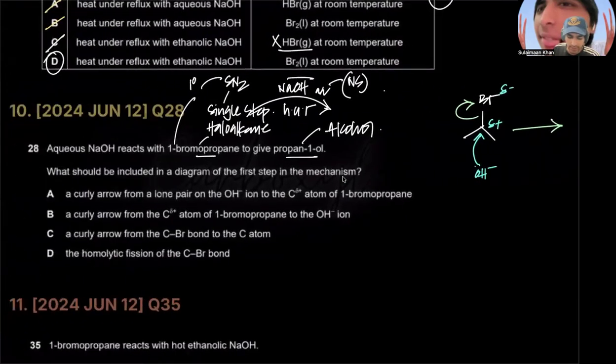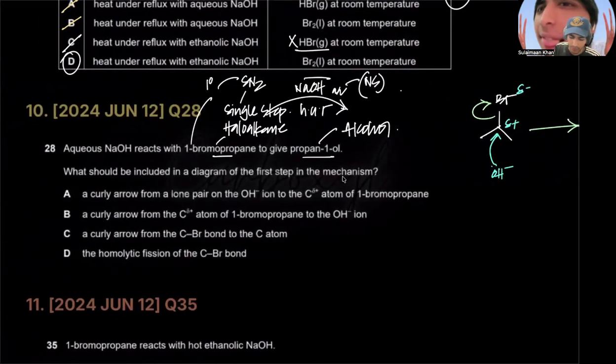So it says a curly arrow from the lone pair on the OH goes to the partial positive carbon on the 1-bromopropane. Yes, absolutely, this is what happens. Curly arrows represent the movement of electrons, remember. So electrons don't move from this partial positive carbon to the hydroxide ion.